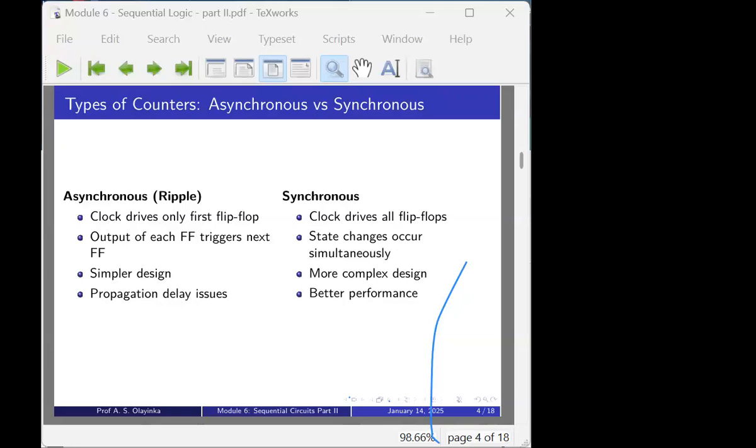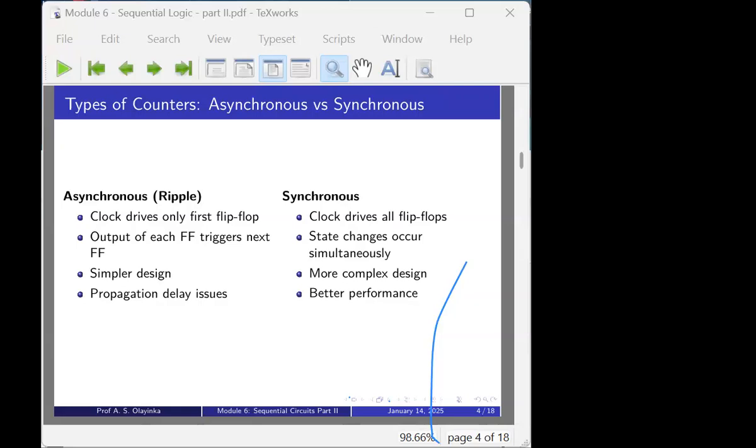It's a type of ring counter, but it produces a repeated sequence, something like 00111, 00111, 00111. That would be the sequence the counter gives as output. Then we have the ring counter, which gives you a fixed number of states in a circular pattern.